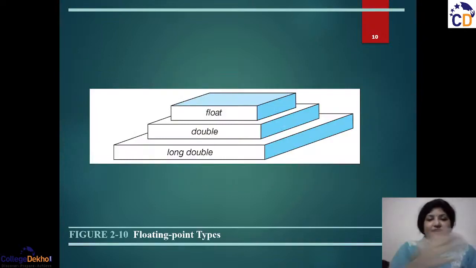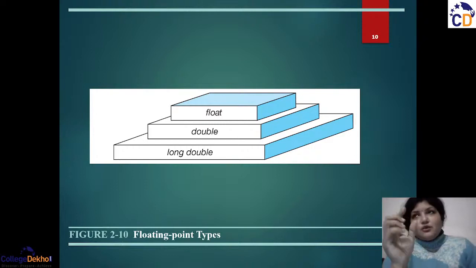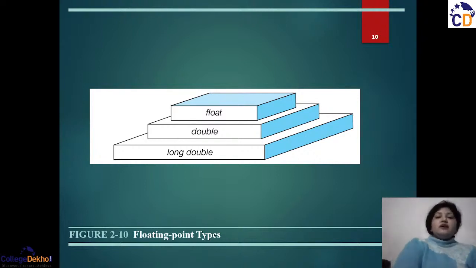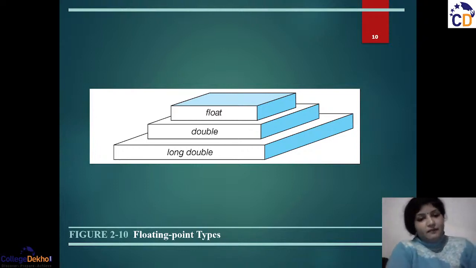Now let us move to the next data type, that is float. First of all, the smallest: when we have a decimal point number, we usually take the float data type. If we have larger values for floating decimal point numbers, we may use double. And beyond that, if double does not work and we have a large number of values in that variable, we may use long double.